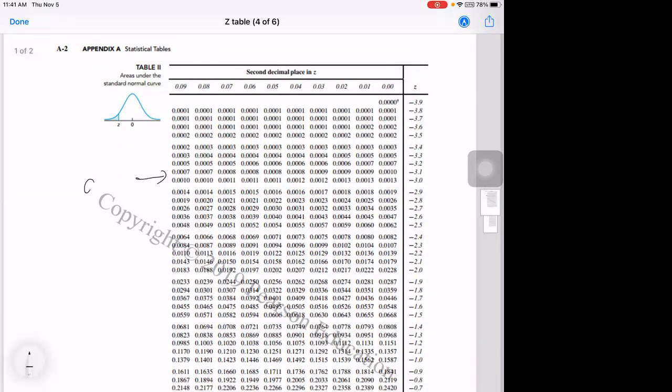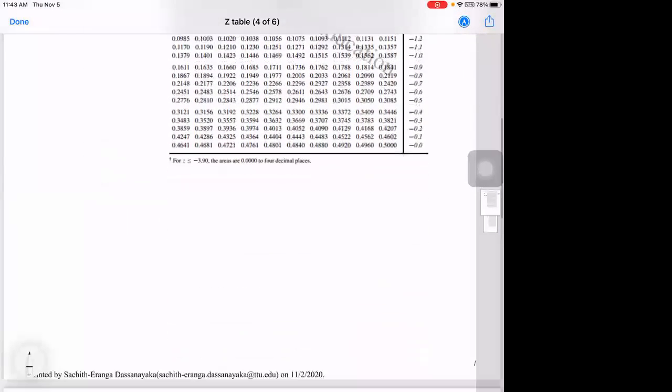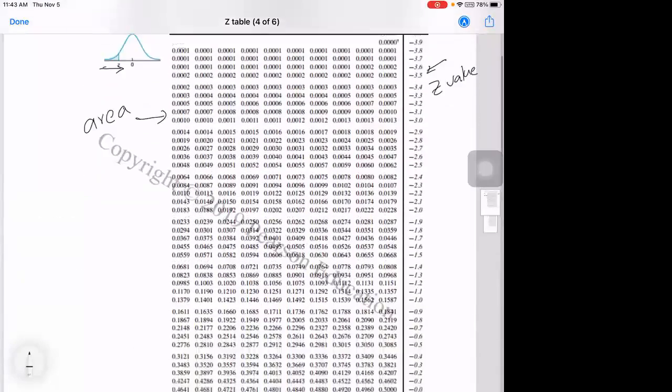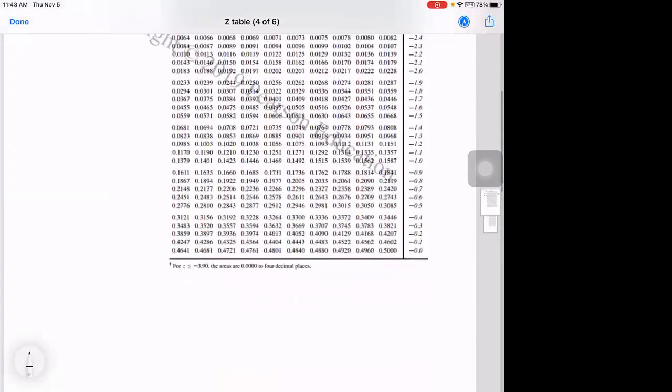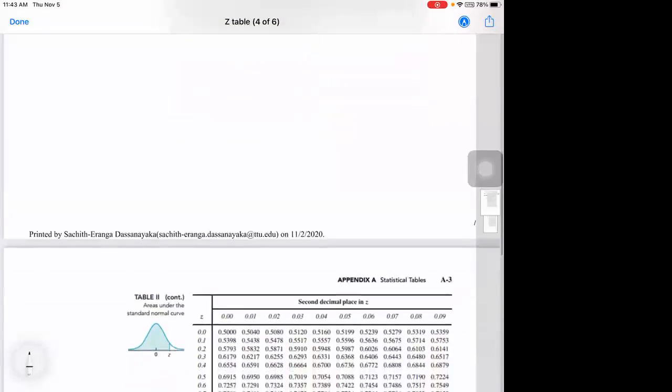These are the area values, and these are the Z values. Everything is measured from the left hand side up to Z. But now I have my value 0, and 0 you cannot find in this first table. There is no 0 in these Z values, it's just 0, not negative 0.